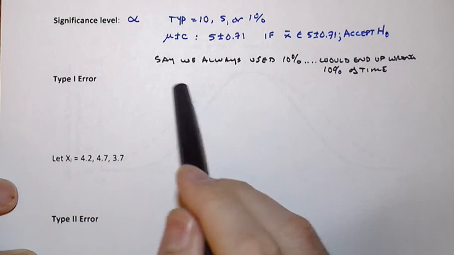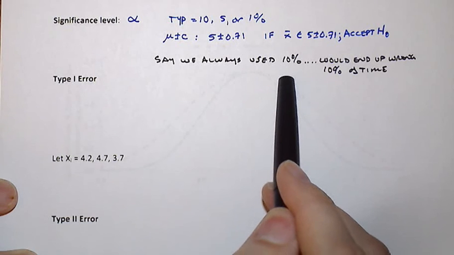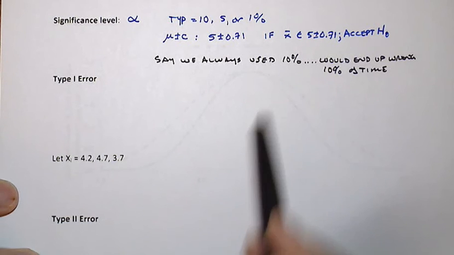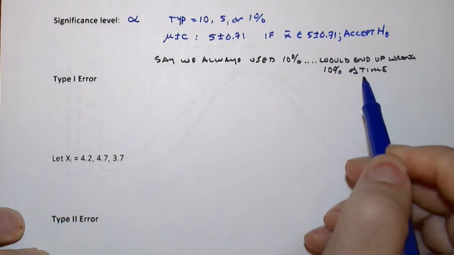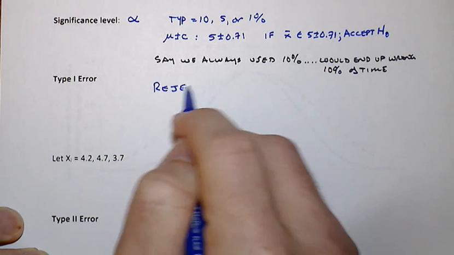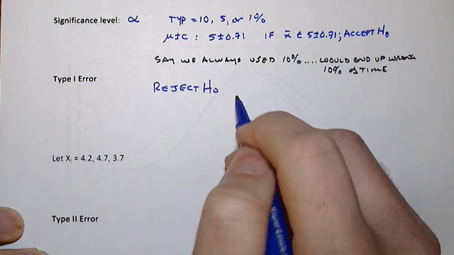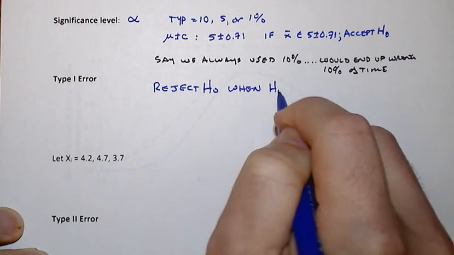If we follow this procedure over and over and over and over, using this 10% kind of idea, then we would only end up being wrong 10% of the time. And being wrong means we reject our null hypothesis when it was actually true.